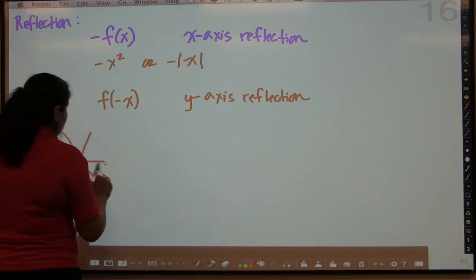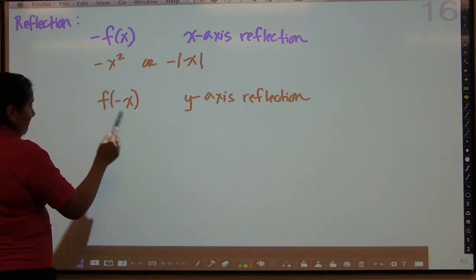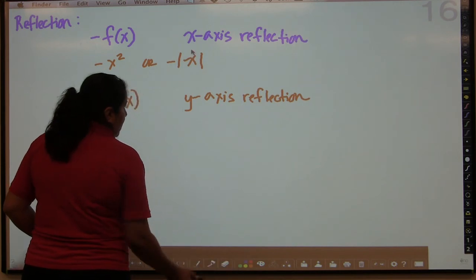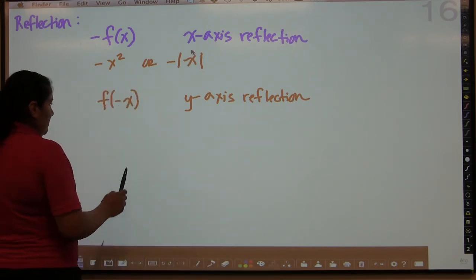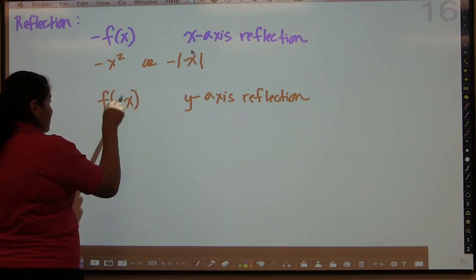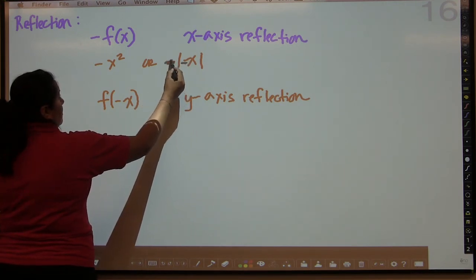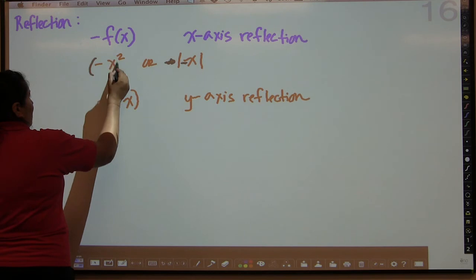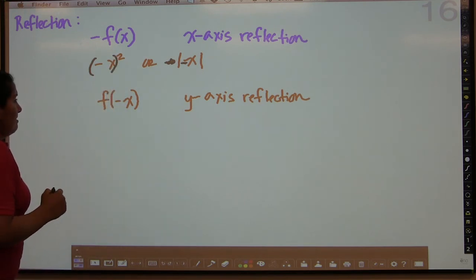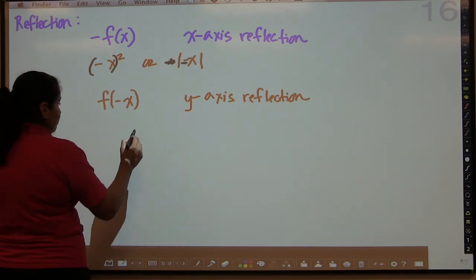Whereas the other option, f of negative x over here, is a y-axis reflection, which means if the negative was inside the bars, like a negative x here, or a negative x inside the parentheses like that, then it would flip.